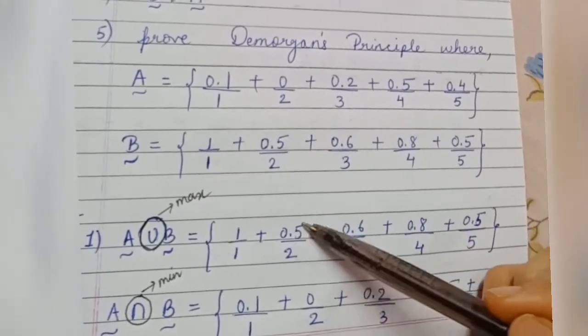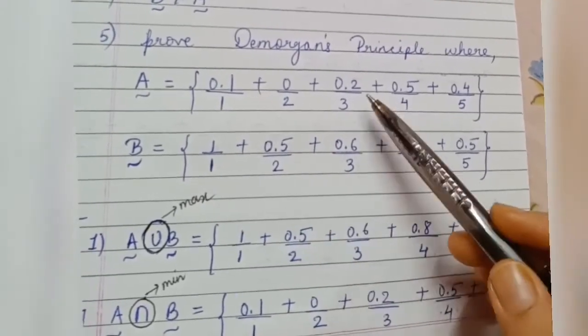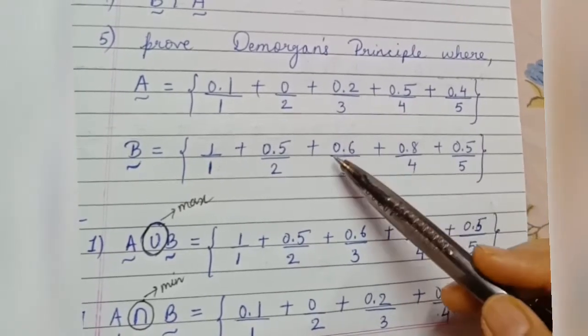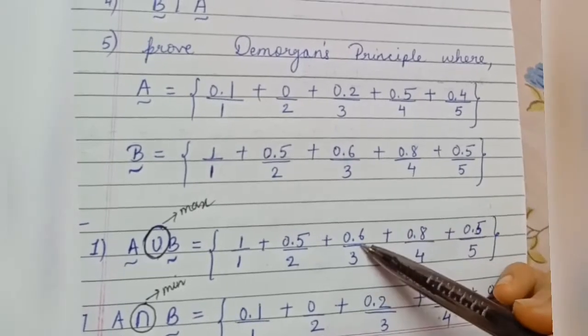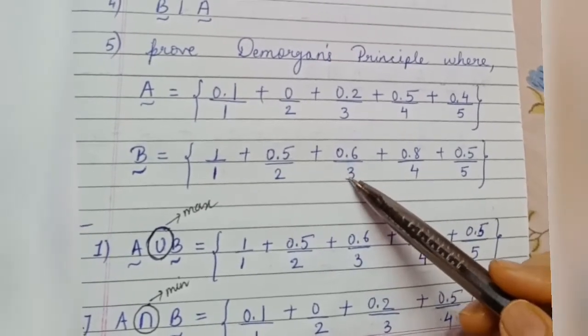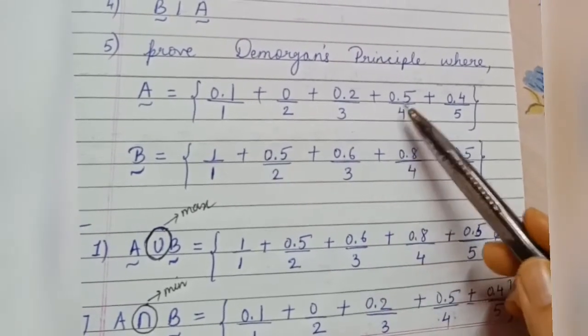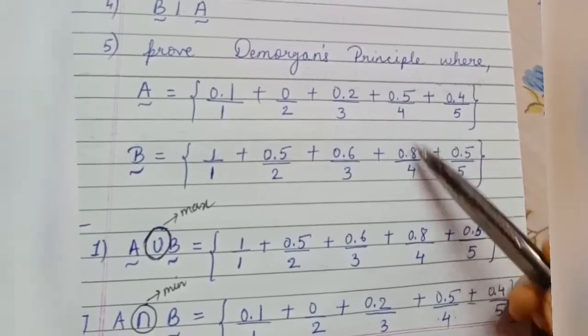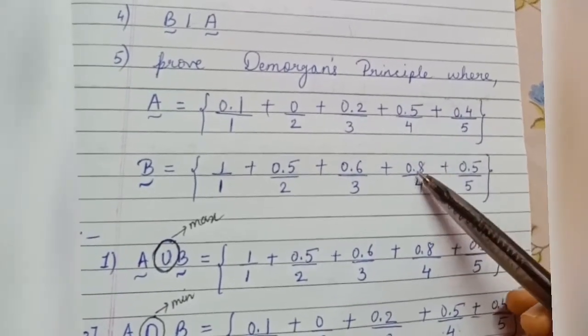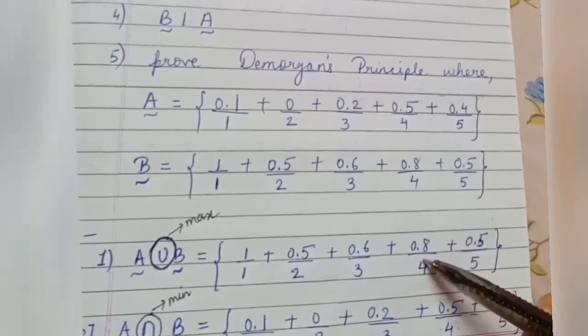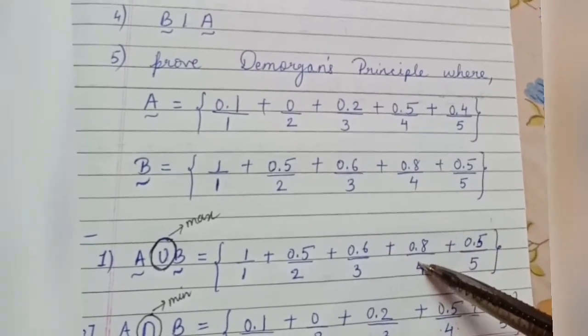Write 0.5 upon 2. Third element 0.2 and 0.6. Which one is max? Max is 0.6. Write 0.6 and denominator 3. Plus compare the fourth element 0.5 and 0.8. Which one is max? Here 0.8 is max. 0.8 upon 4, that means this is the fourth element.